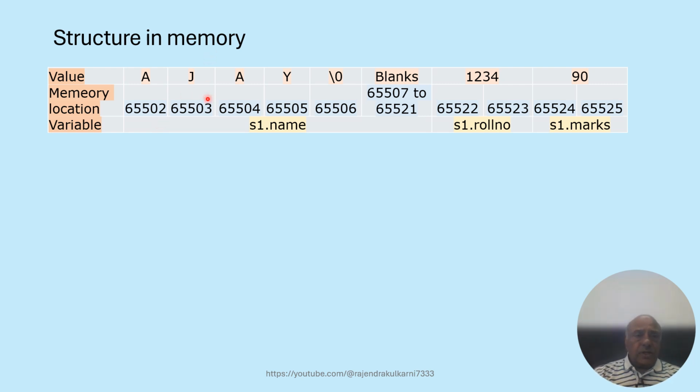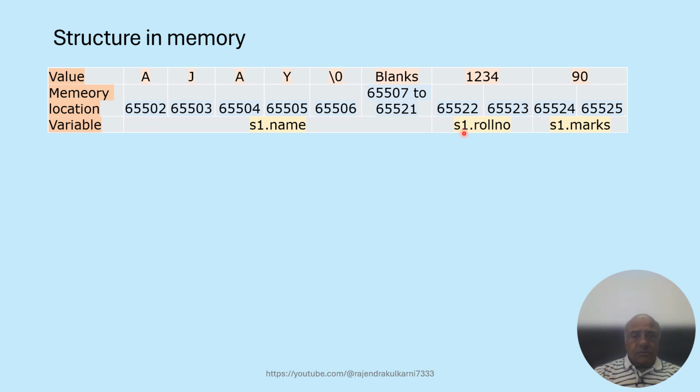Since Ajay, the input we have entered, is only 5 characters long, it will be stored from 65502 to 65506 memory locations, and all other locations from 507 to 521 will be blank and will not hold any value, but the compiler is going to assign that many memory locations for holding the variable called name, which is an element of structure stud.